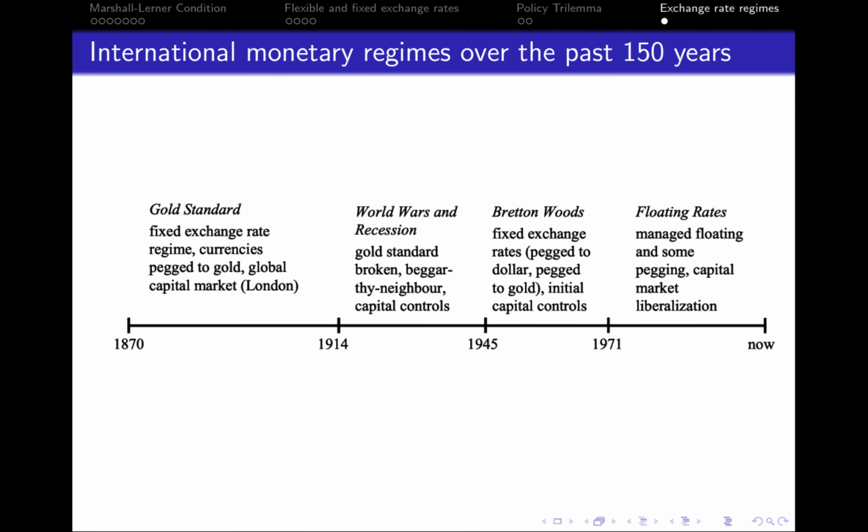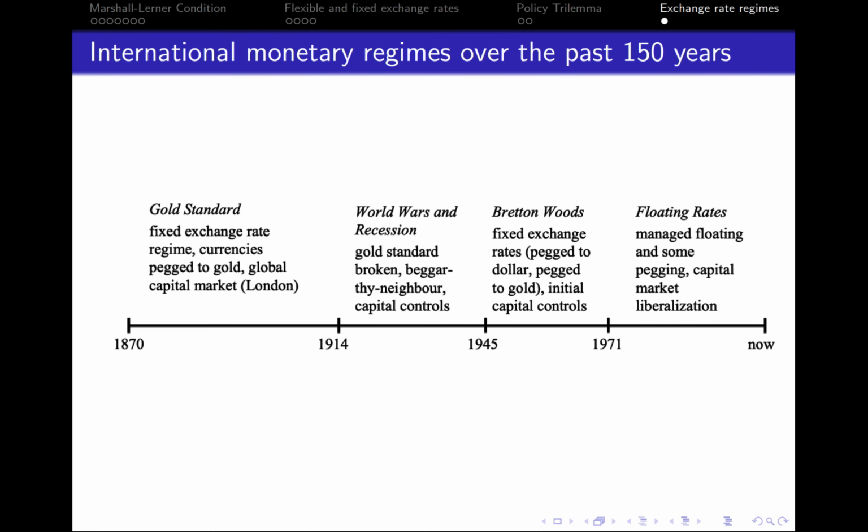So now the policy trilemma moved in yet another direction. Now we are allowing currencies to float independently for most of the countries, but at the same time we are gaining monetary policy independence, and we are allowing for free capital movement.